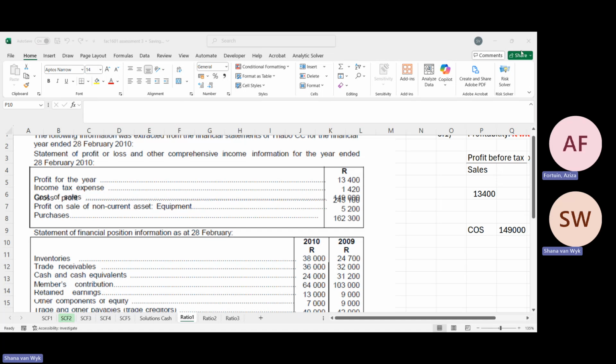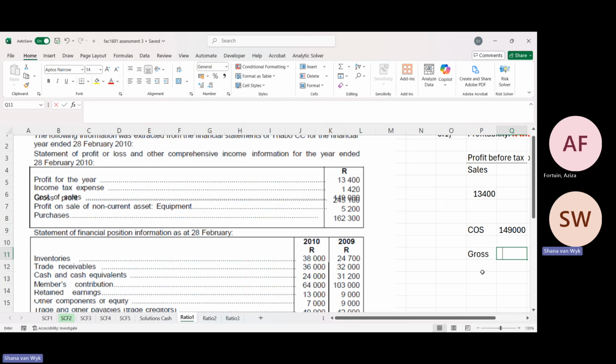Just thinking now. I think it could be a typo error. Can you see what is written under cost of sales and what is written over it? It looked like gross profit. Yes, there you go. Thank you. Gross. I'm just going to say gross.